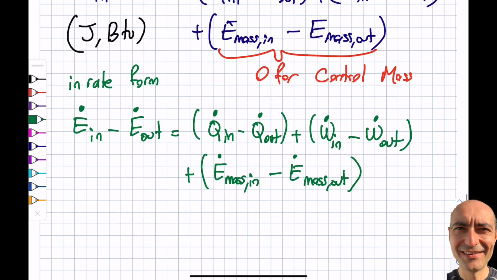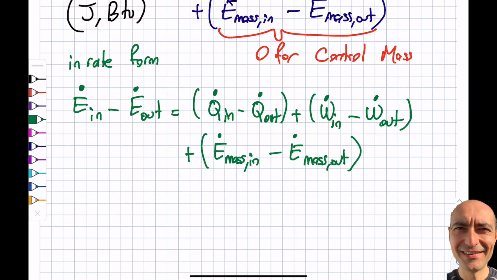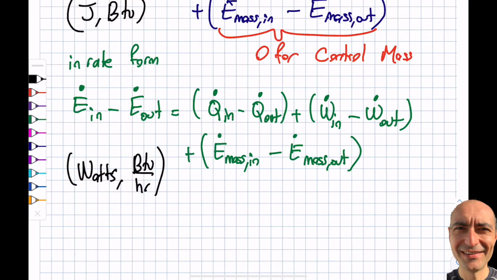What will be the units in that combination? This is going to be watts, W will be sufficient, and BTU per hour will be another one, or if you want to be consistent with this type of writing, this can be said as joule per second as well.